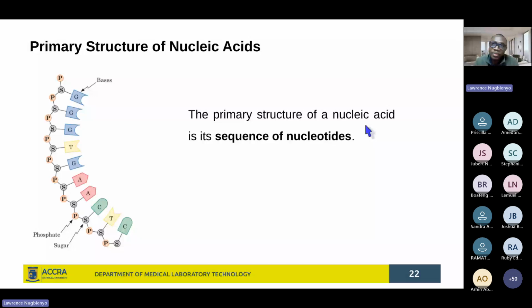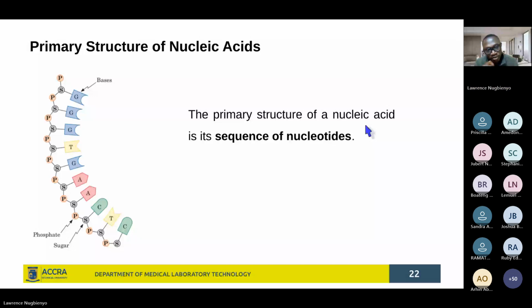Now you remember proteins are made up of amino acids, and you also remember that these amino acids are bonded together.